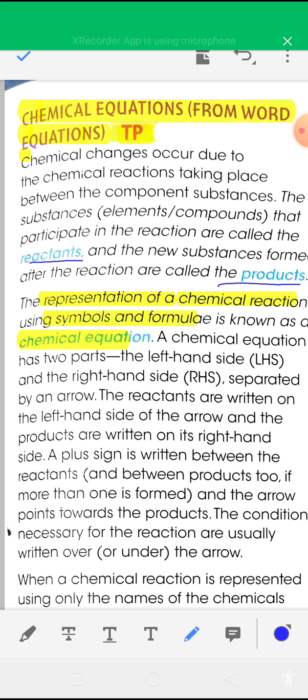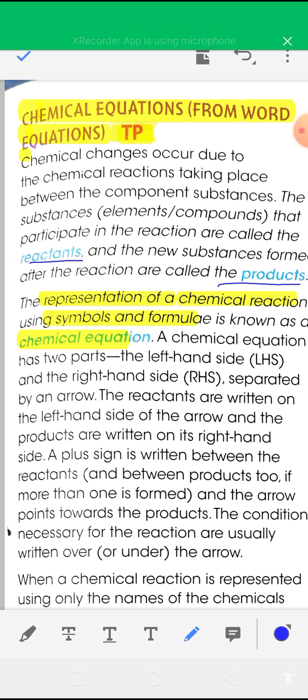In this case, magnesium and oxygen are both reactants, and the magnesium oxide produced is the product. The representation of a chemical reaction or chemical change using the symbols and formulas of reactants and products is known as a chemical equation.